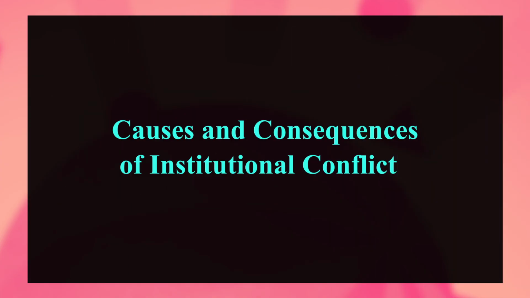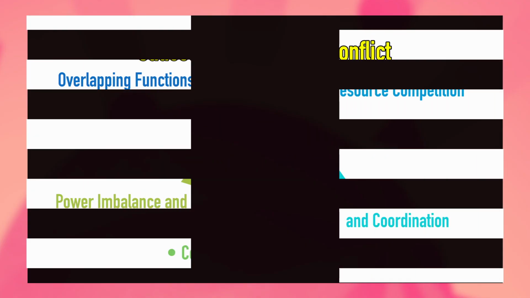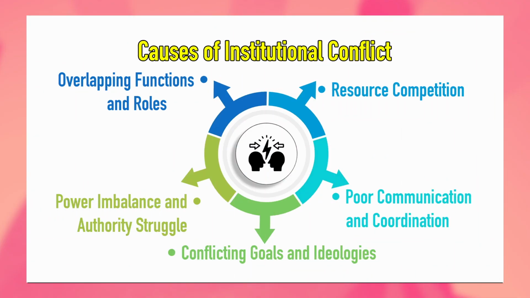Now, coming to the causes and consequences of institutional conflict. Causes of institutional conflict may include overlapping functions and roles, power imbalance and authority struggle, conflicting goals and ideologies, poor communication and coordination, resource competition.